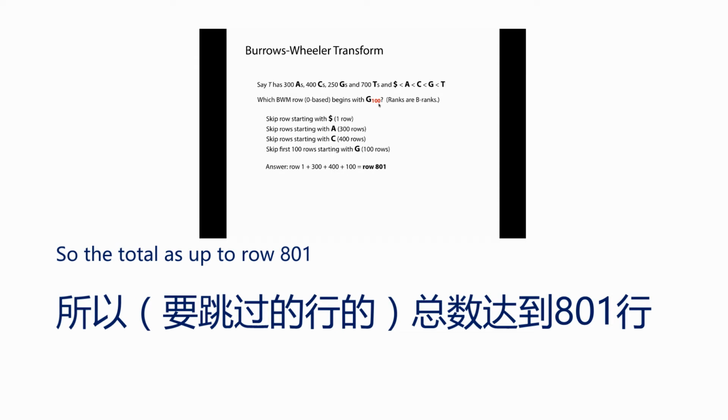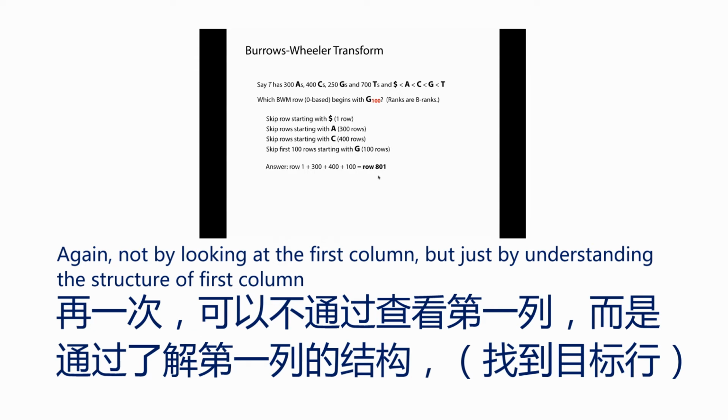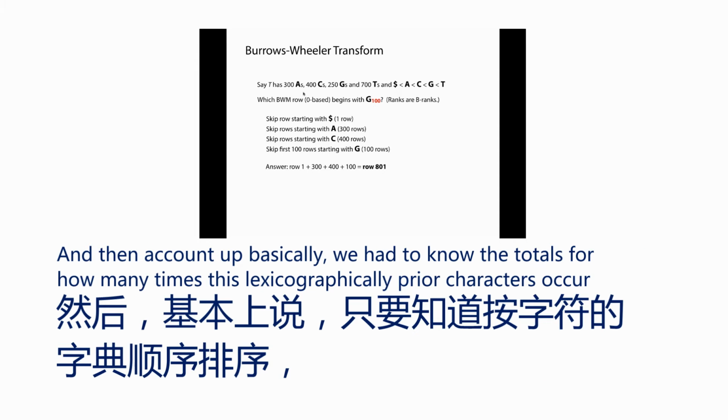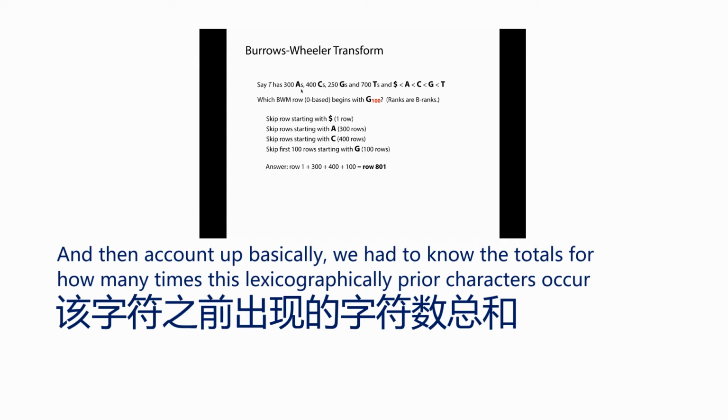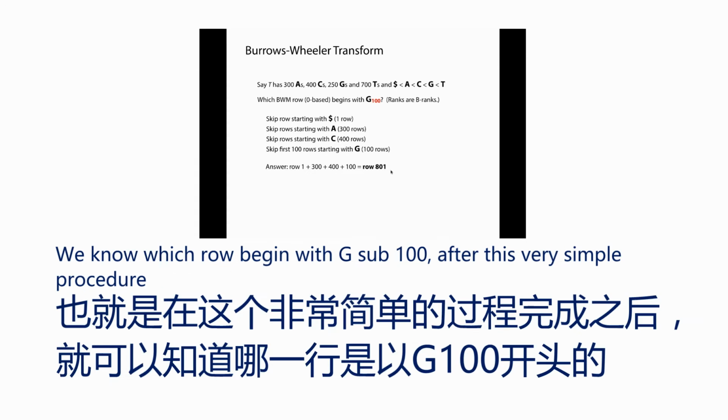So the total adds up to row 801. So we know which row begins with the G of rank 100. Again, not by looking at the first column, but just by understanding the structure of the first column, and then counting up. Basically, we had to know the totals for how many times these lexicographically prior characters occurred. But after that, we just summed everything up, and that gave us the row that we're looking for. We know which row begins with G sub 100 after this very simple procedure.